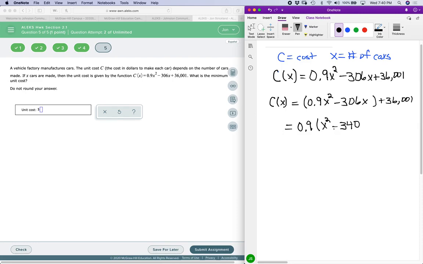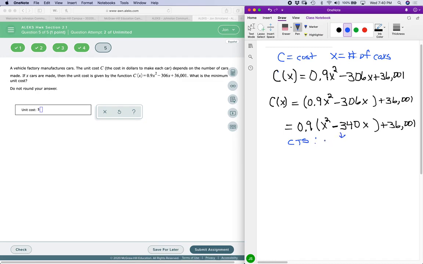So you have the quantity of x squared minus 340x, plus 36,001.